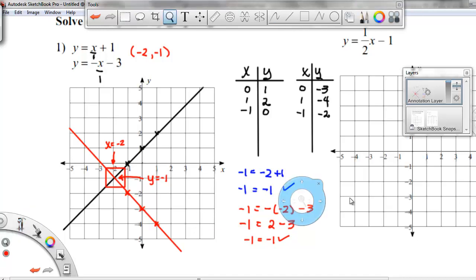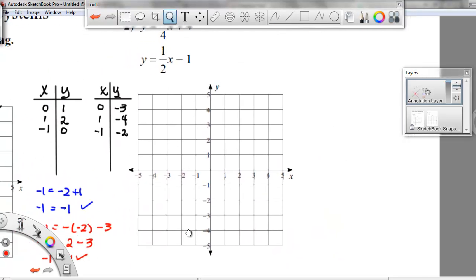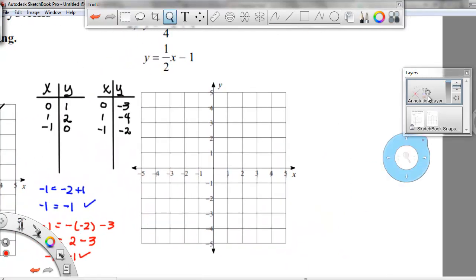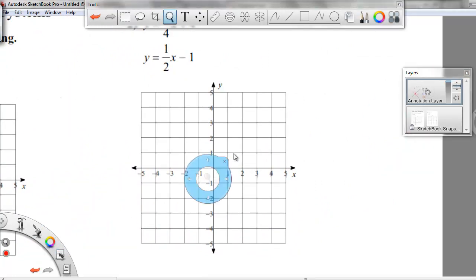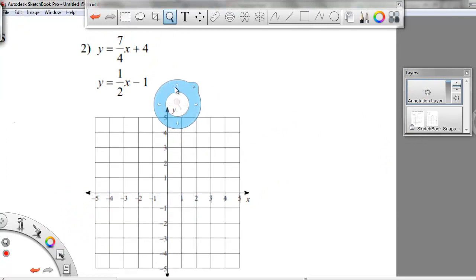Okay, we're going to jump over to equation number 2. I'm going to go ahead and erase what we've already got there. Now this is a little bit more interesting because we have different denominators. We'll go ahead and make a table for our first equation. There's the x and there's the y.